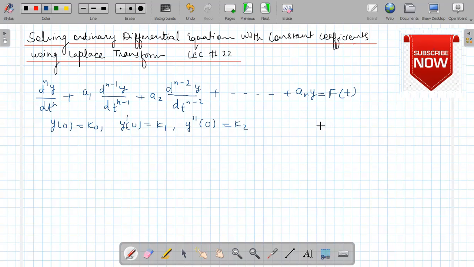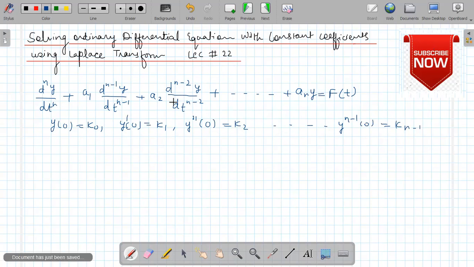These are some initial conditions that are given to us, up to the (n minus 1)th initial condition, where k0, k1, k2, up to k(n-1), these are all constants.